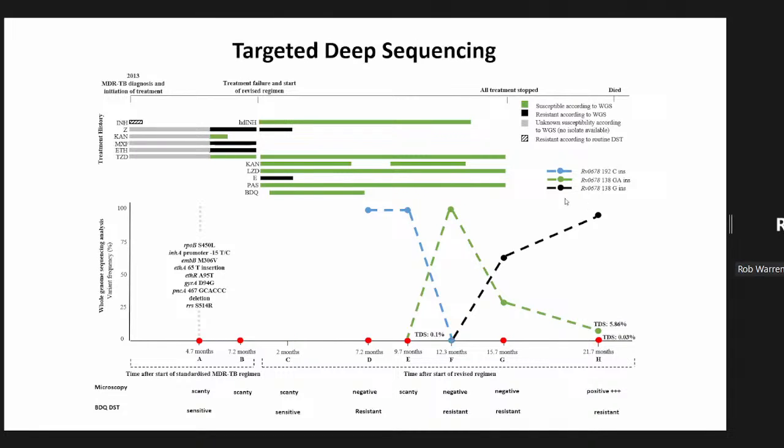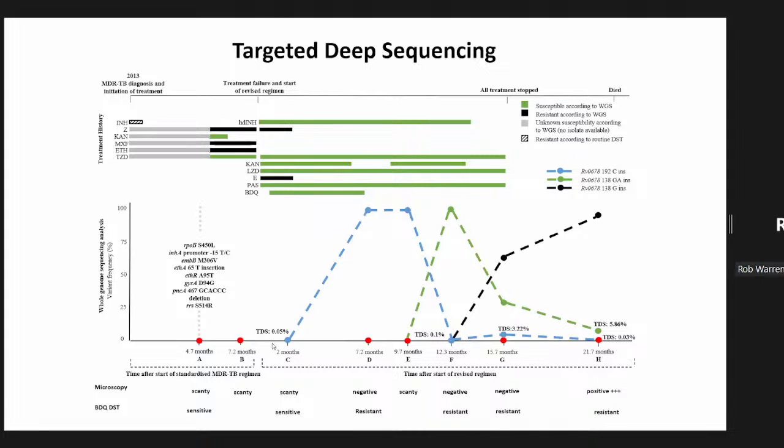The question was, did resistance actually emerge after the bedaquiline treatment was stopped or beforehand? And so we used targeted deep sequencing, because then we could look earlier, and we could see after 2 months of bedaquiline treatment that there in fact were mutations.